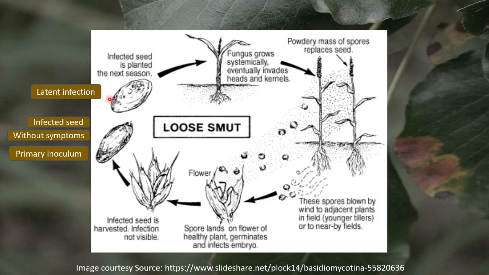So this seed, after harvesting, is planted in the next season, and this seed has been harvested because it did not show any symptoms. So the farmers thought that the seed has no infection. Now when the seed was planted, the fungus starts to spread into the plant, right?